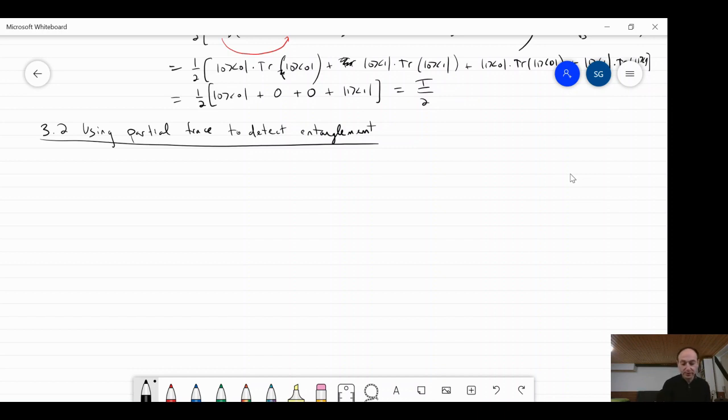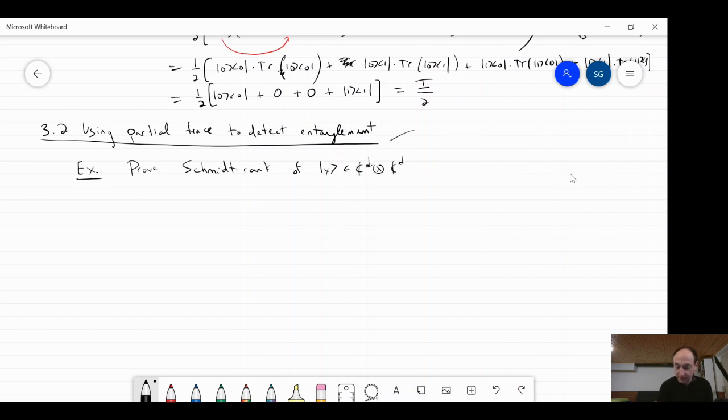Okay, and so here I'm not going to do it explicitly. The exercise here is going to be: prove that the Schmidt rank of psi, which is a bipartite state.